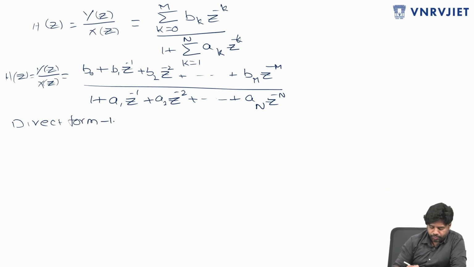So first we will discuss direct form 1. In direct form 1, treat this as the main equation 1, and let's do cross multiplication.